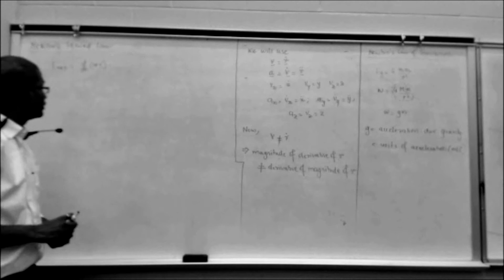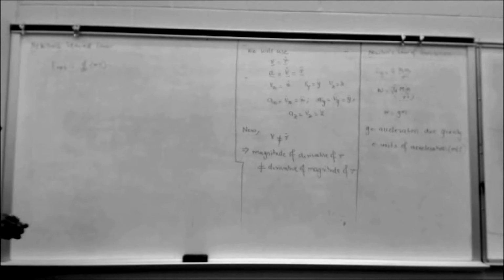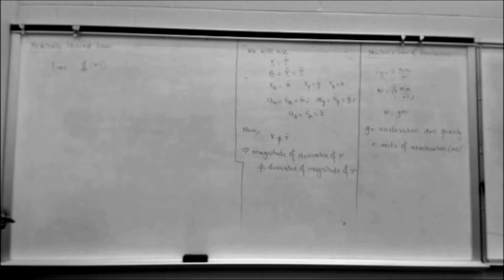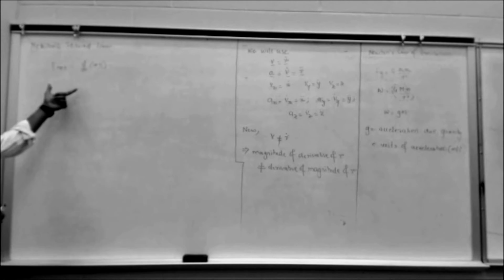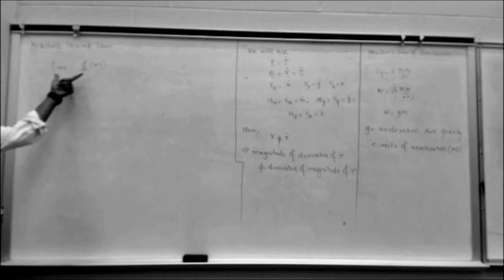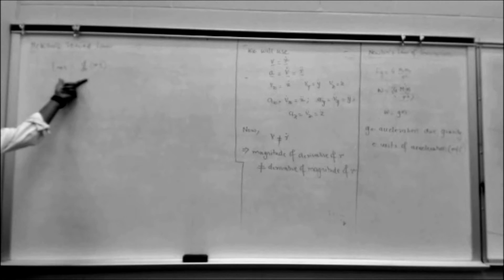The sum of external forces acting on any body will result in a change of momentum, linear momentum. All Newton's laws apply for translational motion, and Euler's laws apply for rotational motion. Okay.